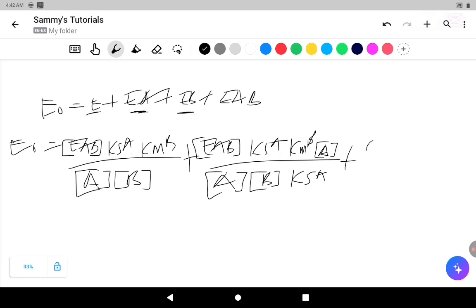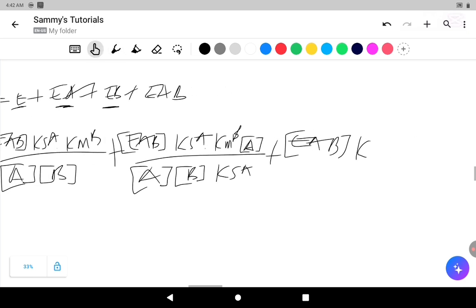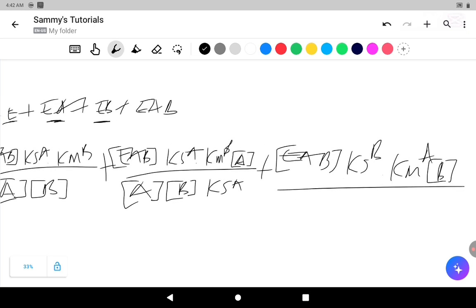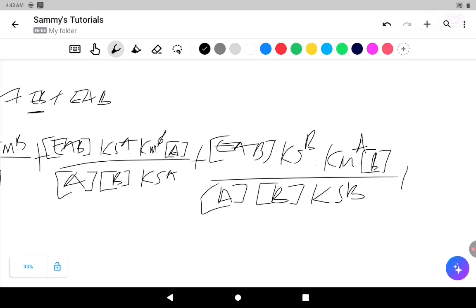We have EB equals to what? Equals to EAB times KSB times KMA, then B all over A times B, glory to God, all over KSB. This is what we have in equation E, plus the ternary complex.